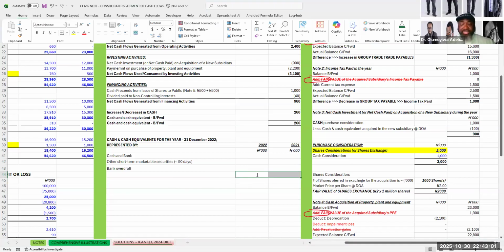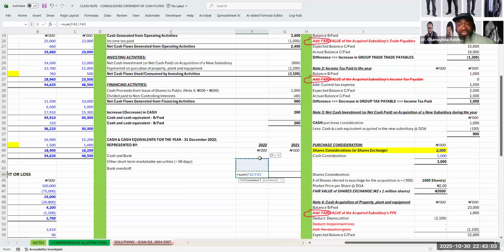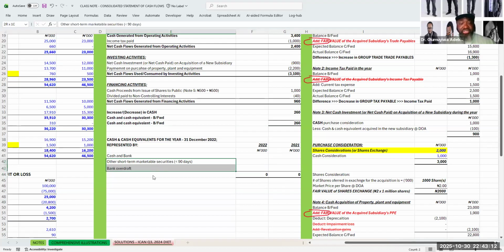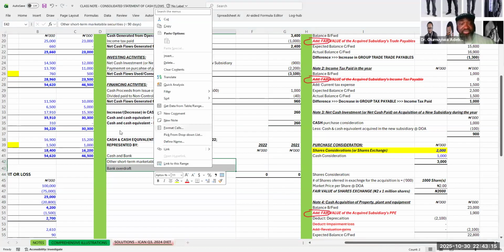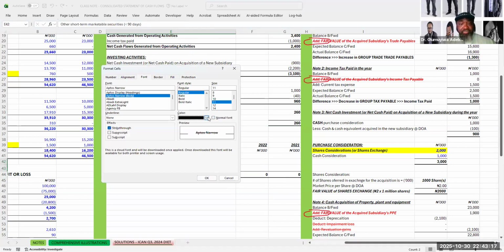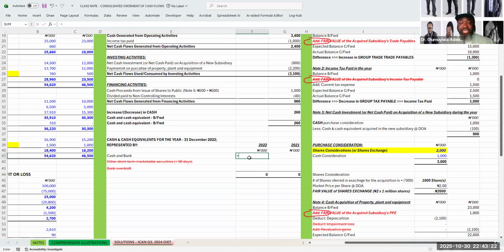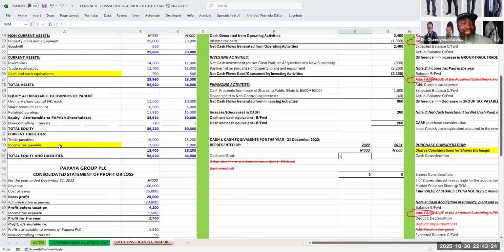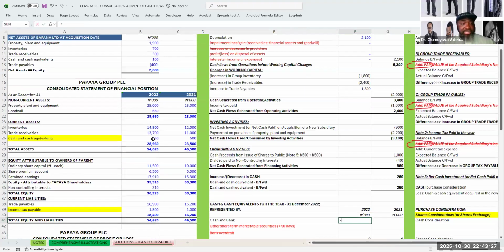Therefore, all of these are things I'm going to put together. The difference is that I will subtract bank overdraft, while I will add cash and bank with other short-term marketable security. But in this case, I don't have these two. Therefore, I'm going to strike them off. And I'm left with my cash and bank. At the end of the year, my cash and cash equivalent was 760. At the beginning of the year, my cash and cash equivalent was 500.